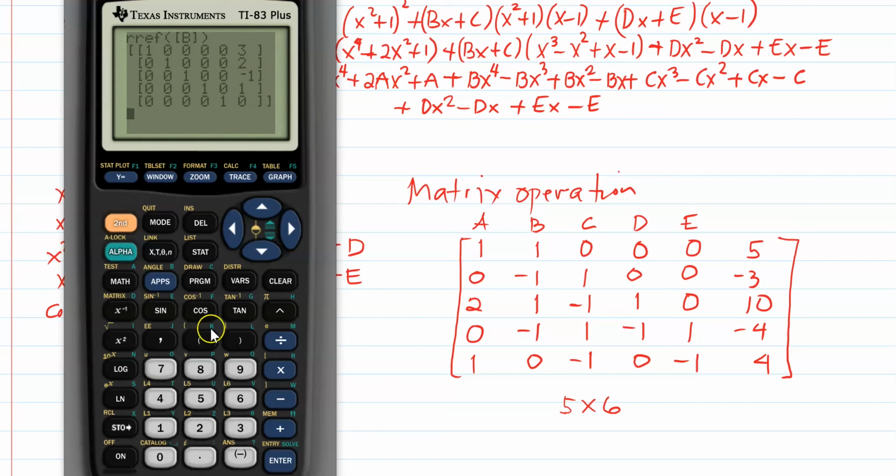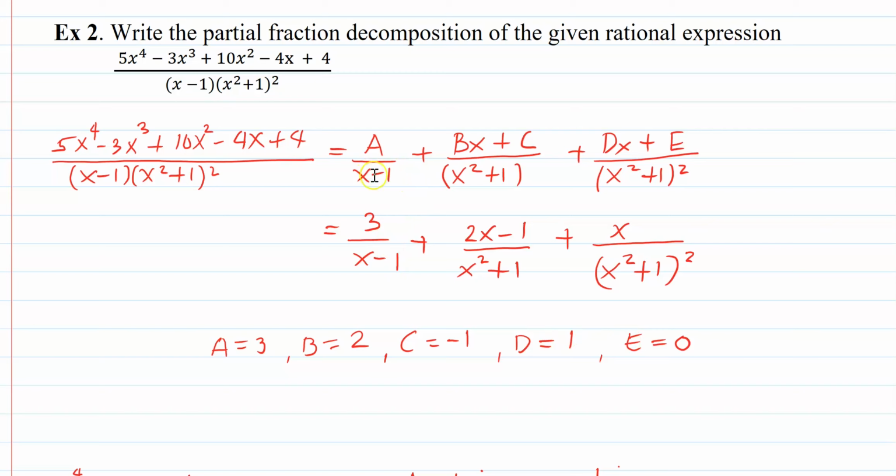So once we have the values of A equal to 3, B equals 2, C negative 1, D equals 1, E is 0, we can now substitute these values to our partial fraction decomposition.